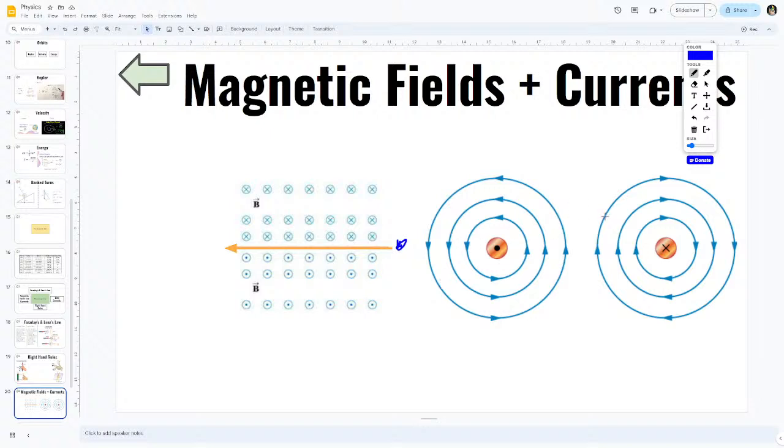No, it's not. Wait, what? This current is going around like that. Oh, this is from this side. Okay, never mind. I'm just done.